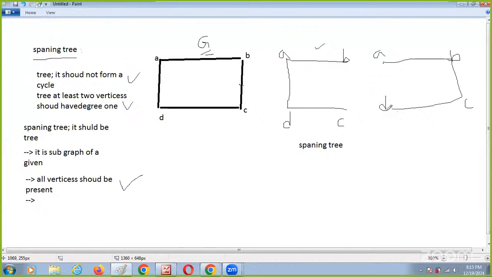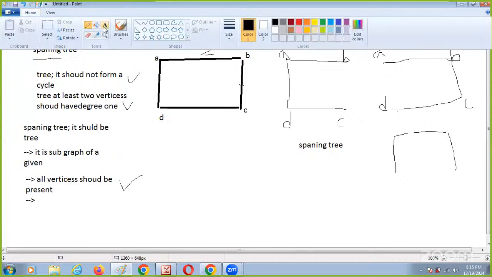If anybody has an idea, please try to share how many possible spanning trees are possible for this given graph. So like this.